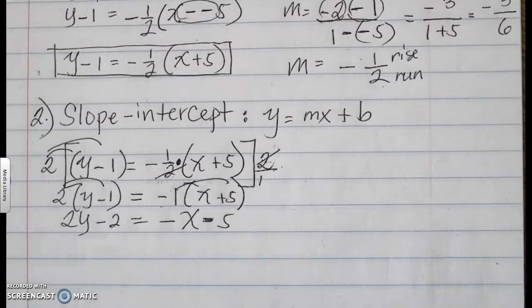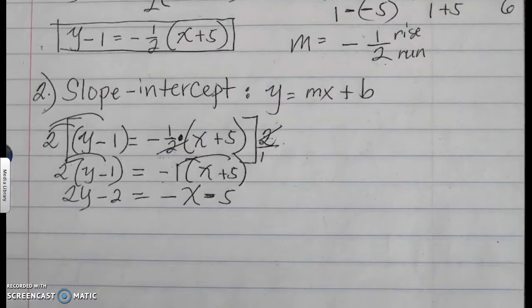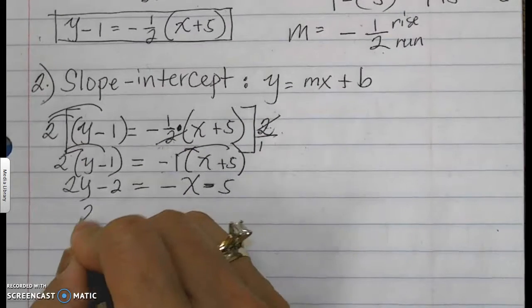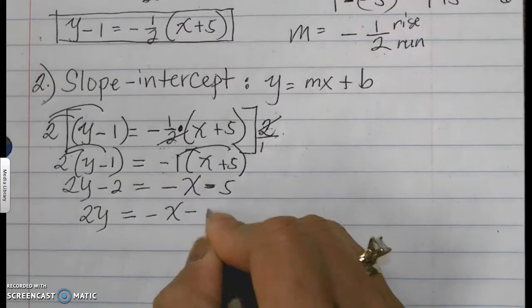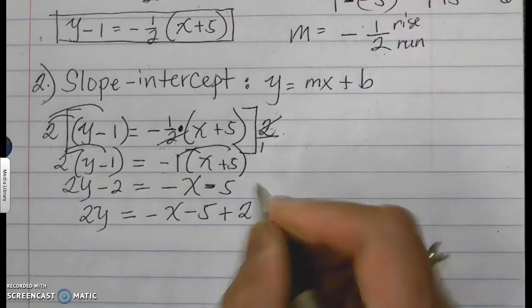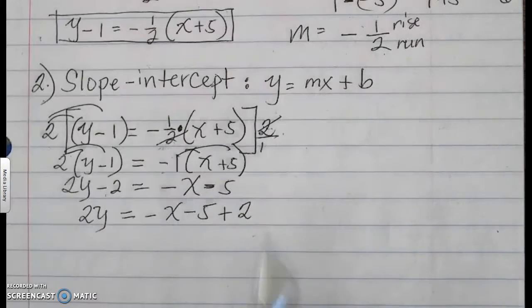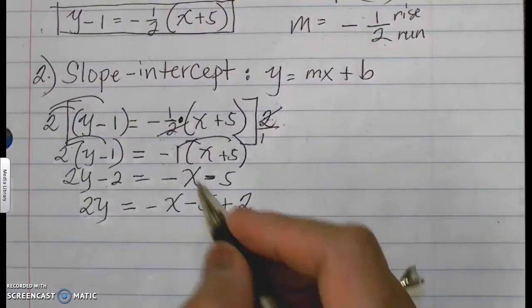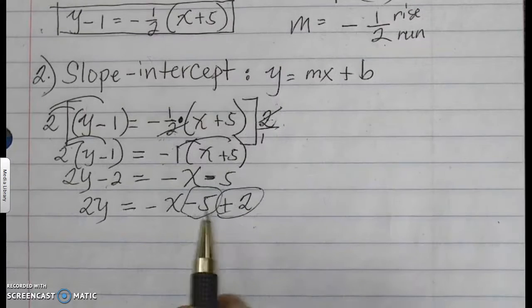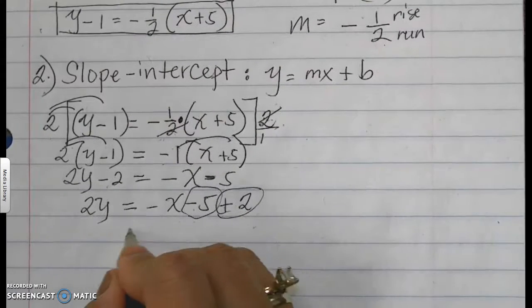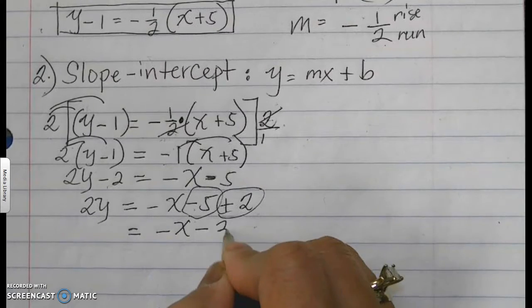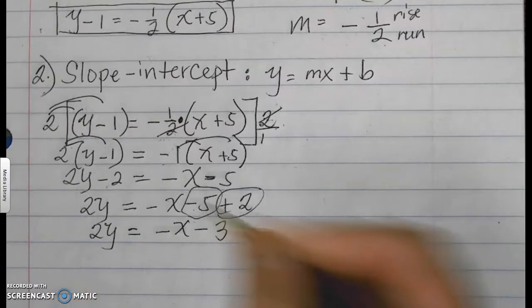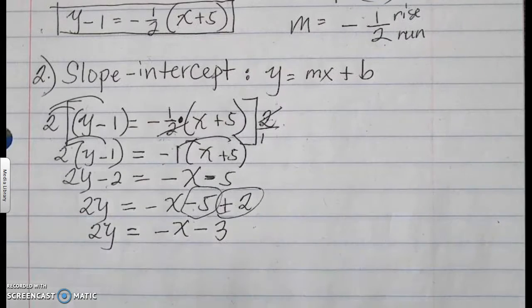Alright, so now let us isolate our y. This now is going to become 2y equals -x minus 5 plus 2, because the 2 goes to the other side. So now, if we fix this, look at this, you can combine them. Different signs you will have to minus. And so now this becomes negative x minus a 3. And that's a 2y. We're not fully done because you want the y to be by itself.